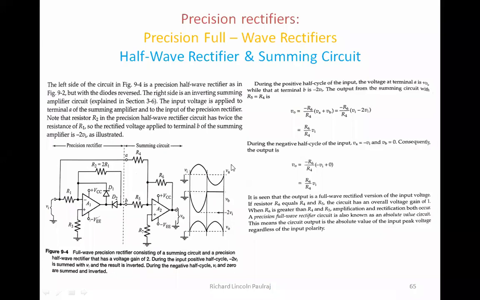The output from the summing circuit with R5 is equal to R4. So R5 here is equal to R4.